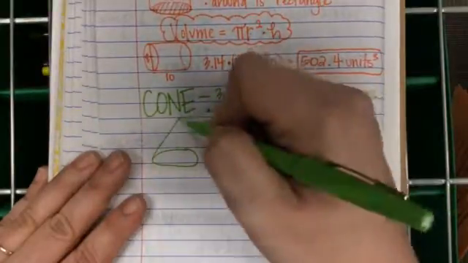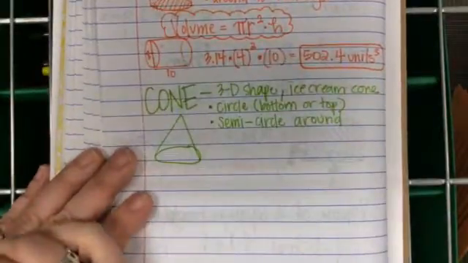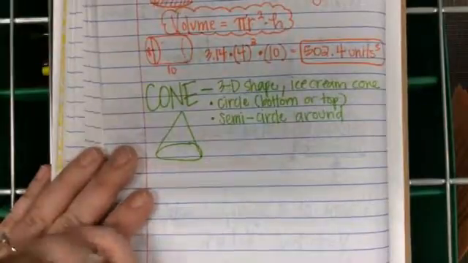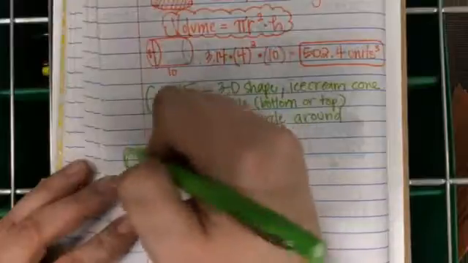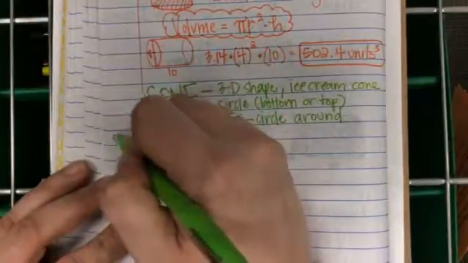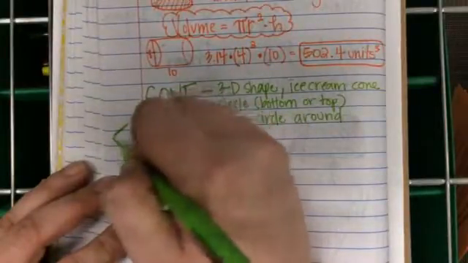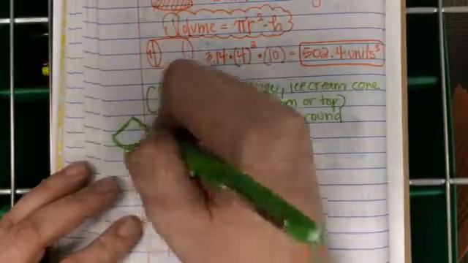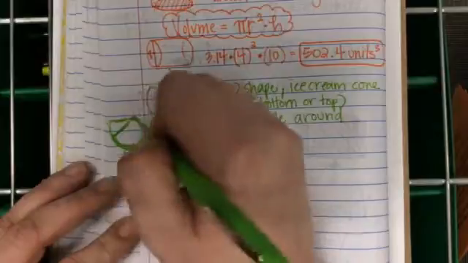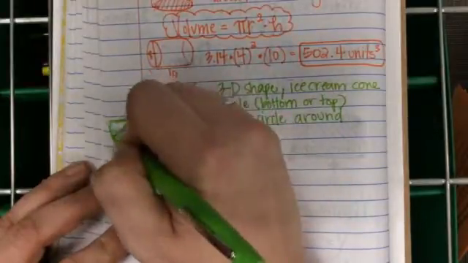And the top is pointed, yes? If I was going to make that flat, it would look like this. But it's more, I guess, more semi-circular, right?